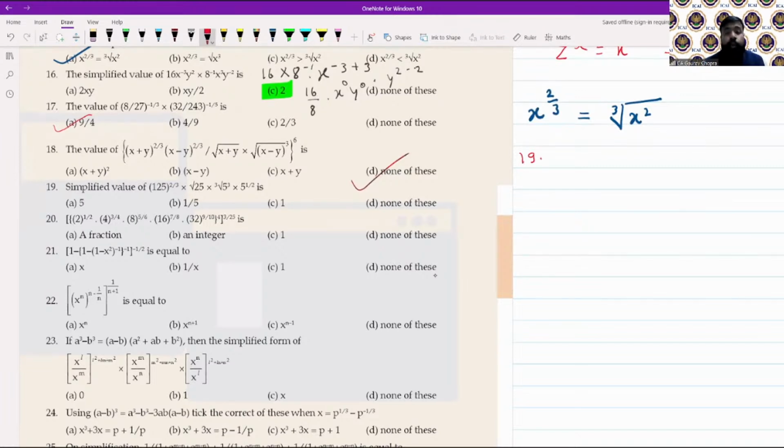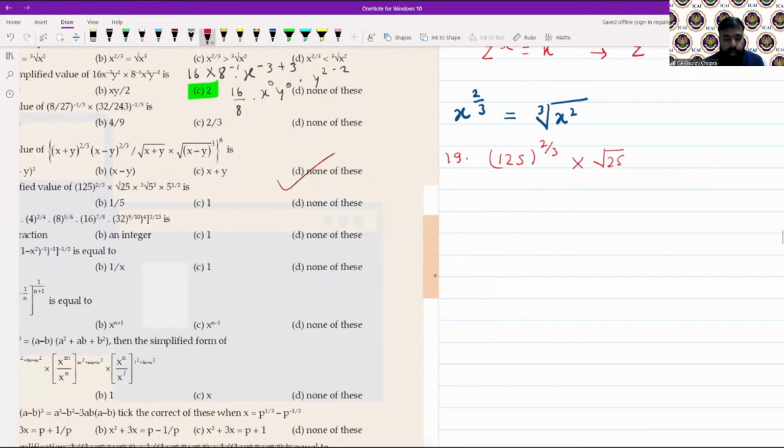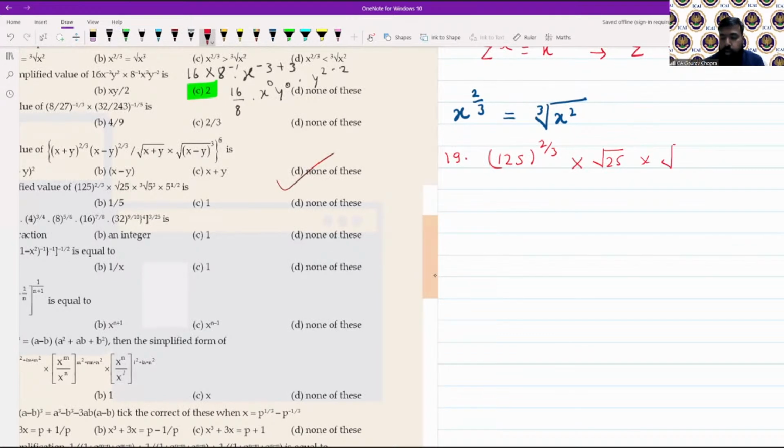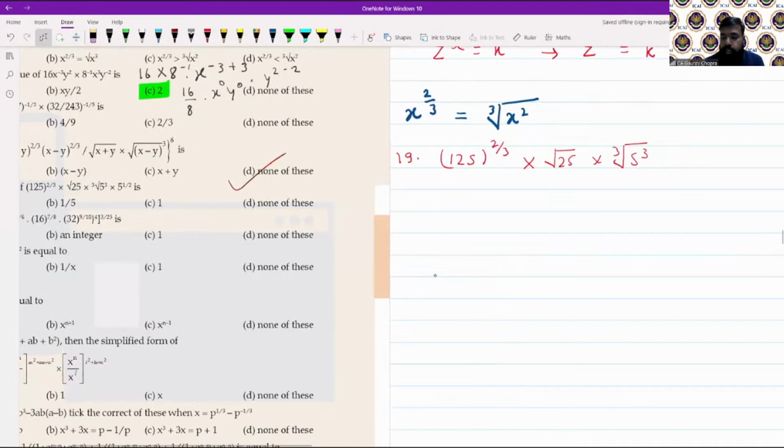So 19 says 125 to the power of 2/3, then root of 25, then cube root of 5 cube, and then 5 to the power of half. Now accordingly, 125 means 5 cube multiplied by 2 by 3.